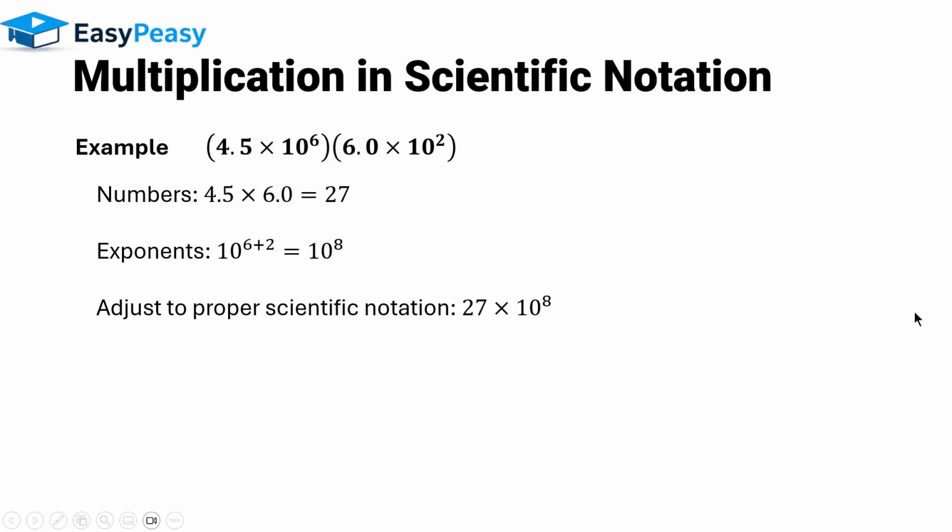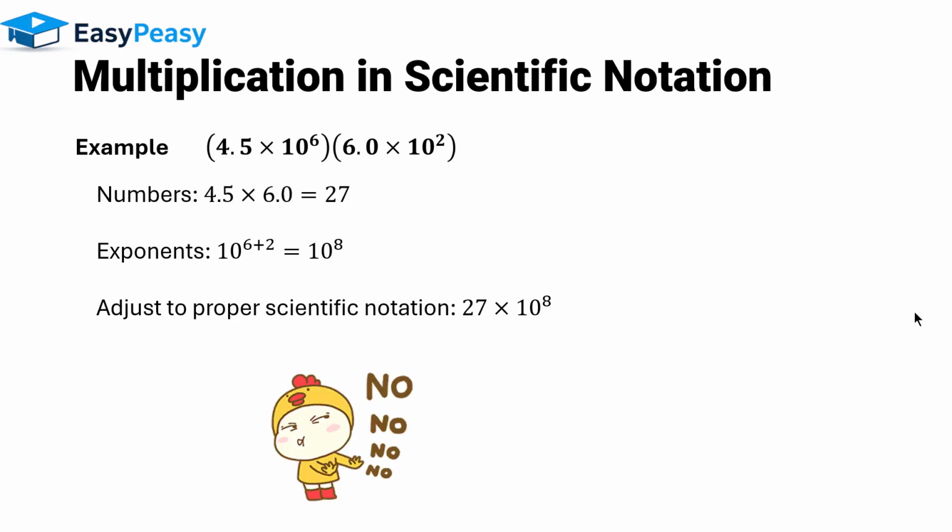Is this the correct answer? No. Why? Because 27 does not lie within the range of 1 to 10, and scientific notation puts the number within this range. So what should we do?